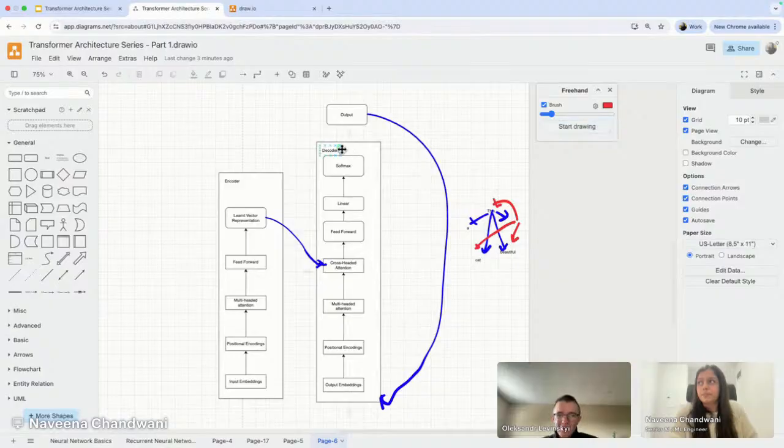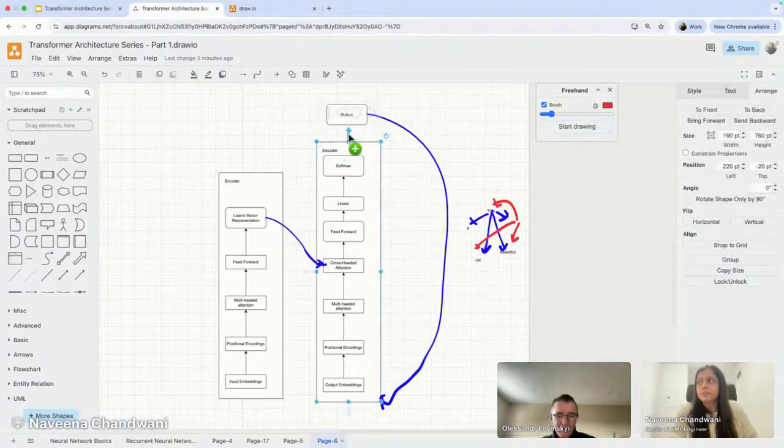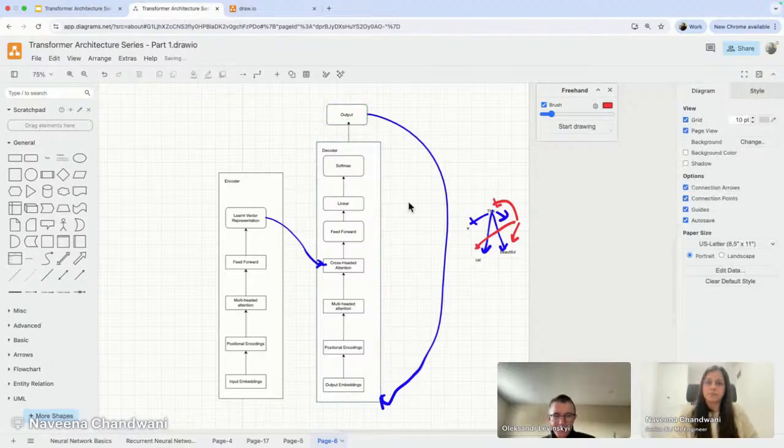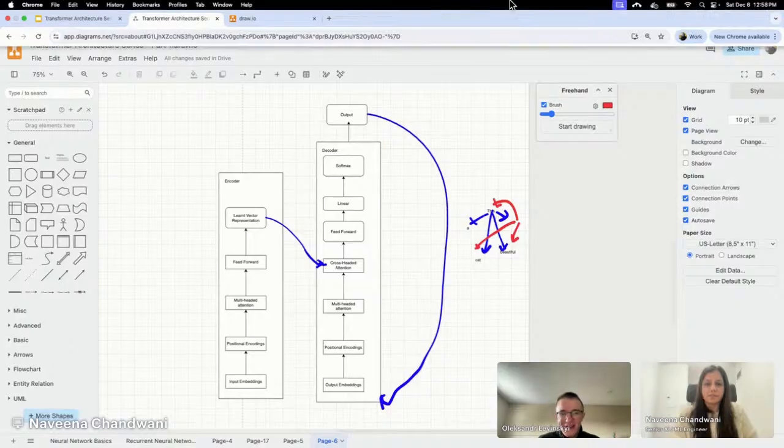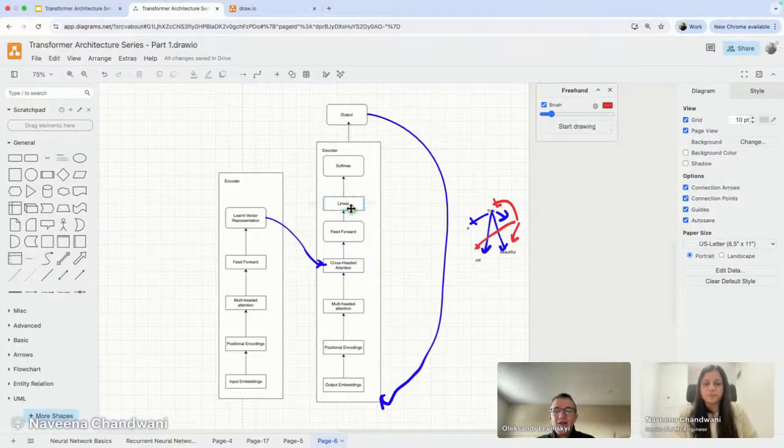Yeah, makes sense. And then the second question was, could you go over this with an example? I know that we'll dive into this in more detail next session, but at a high level, what is the expected input and output from the encoder and decoder?